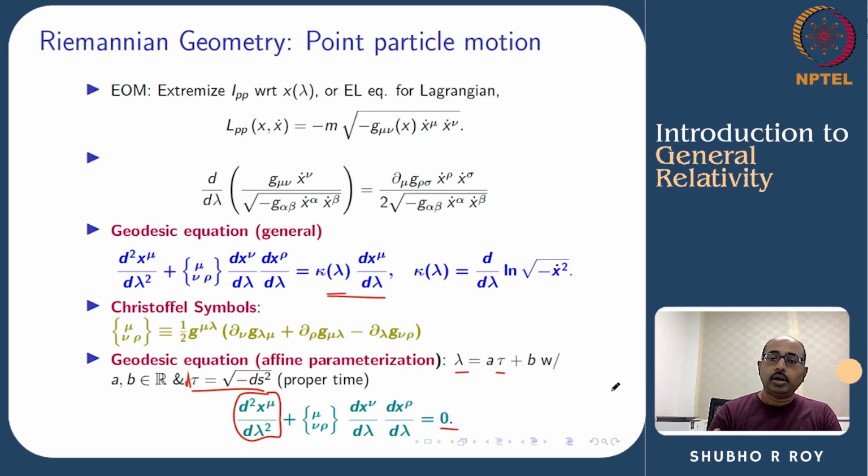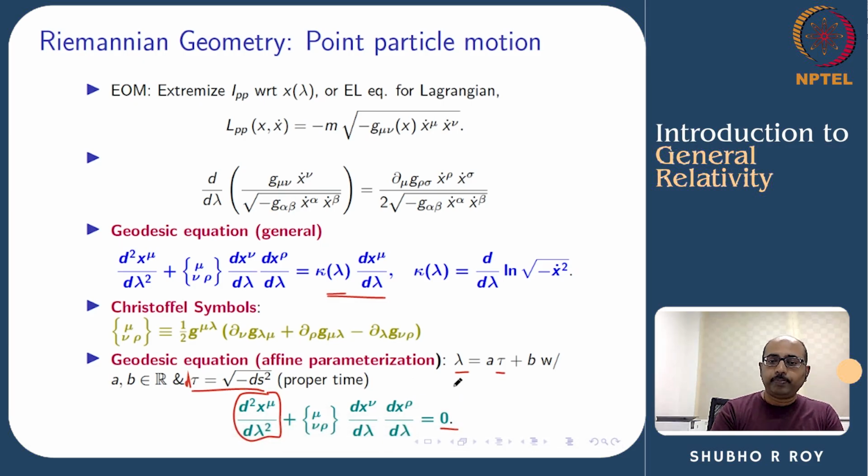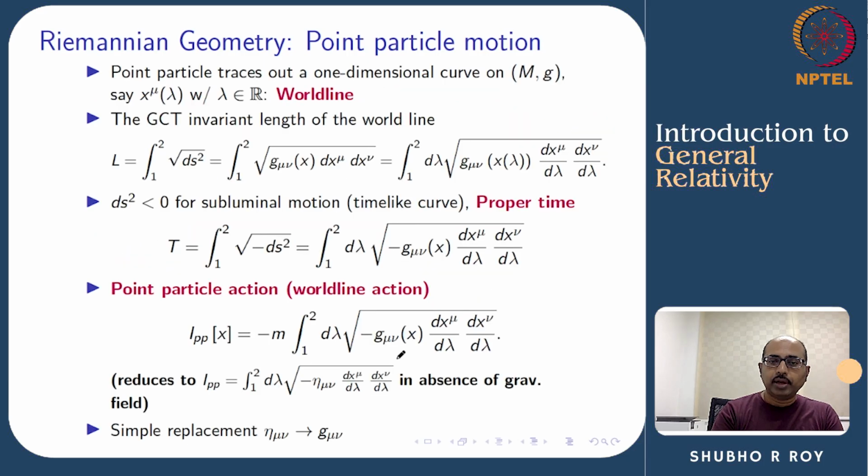Although we derived this under the condition of subluminal motion, let me go back to the action where we extremize the proper time. One can also try to extremize this for other cases, which will not represent trajectories of point particles, but still represents an extremization of the length, a minimization of the length.